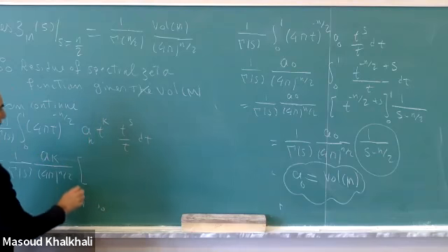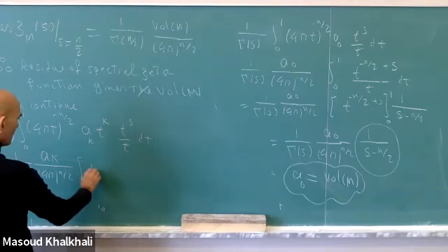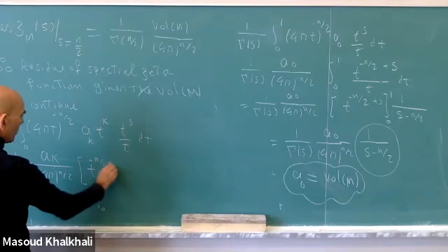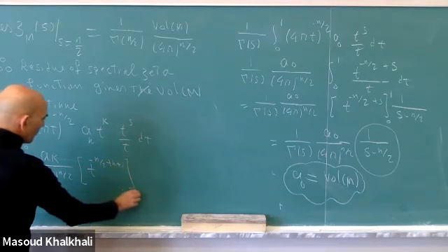And then this integral we can compute. This is t to the power minus n over 2 plus k plus s, from 0 to 1.